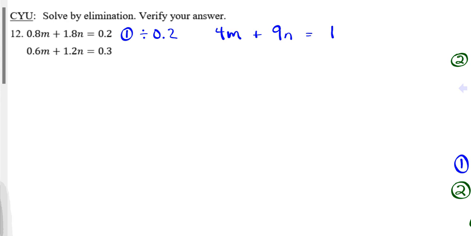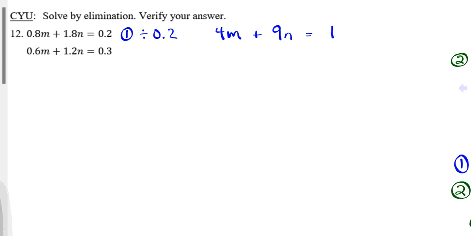As you look at my work so far for equation 1, I'm guessing that you probably didn't do what I did. So what I had suggested previously is that where we have decimals, we can multiply, in this case, both equations by 10. But as I looked at these, I thought, you know what? I could divide and actually simplify the equation and get rid of my decimals right away as well.